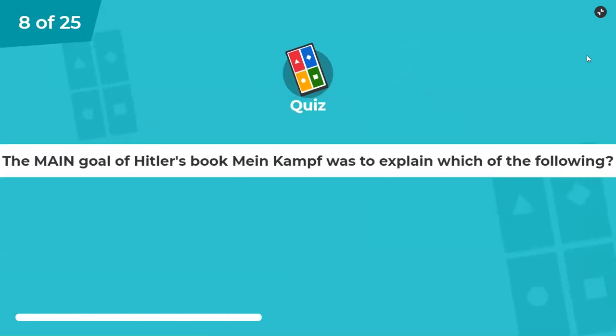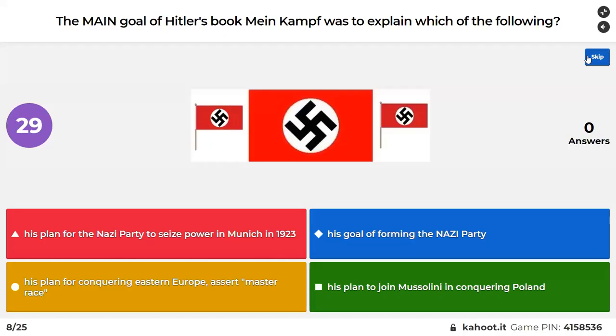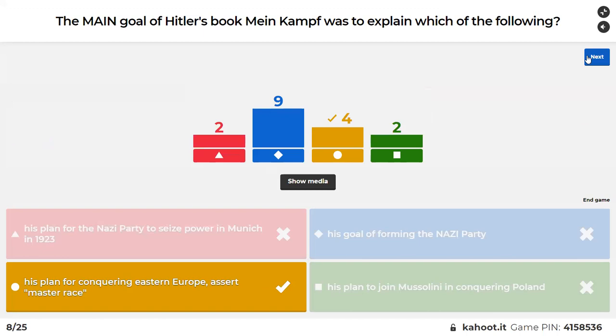All right, the main goal of Hitler's book, Mein Kampf, was to explain which of the following? All right. His plan for conquering Eastern Europe, assert his Aryan or master race.